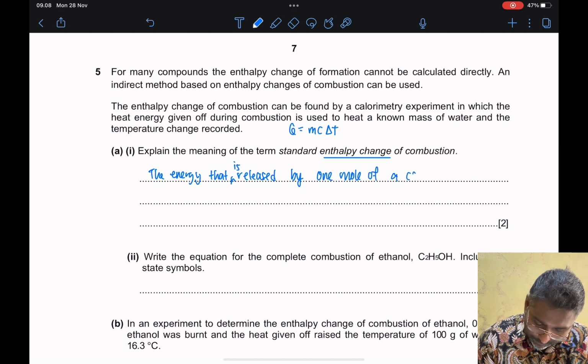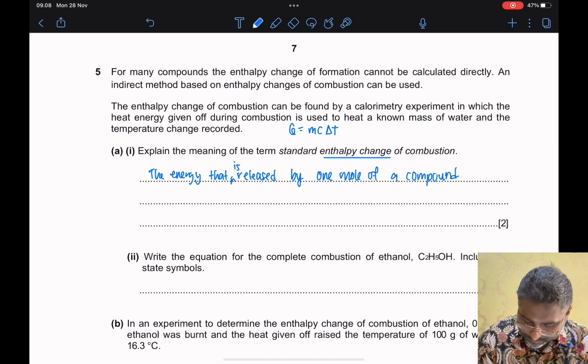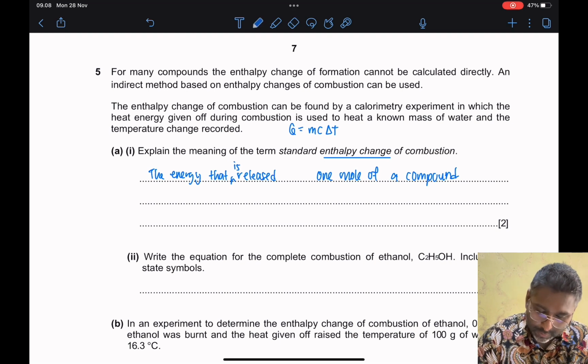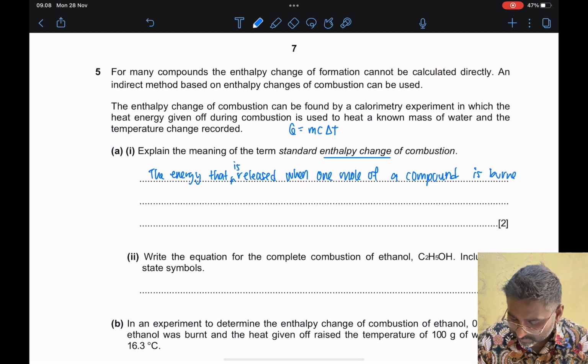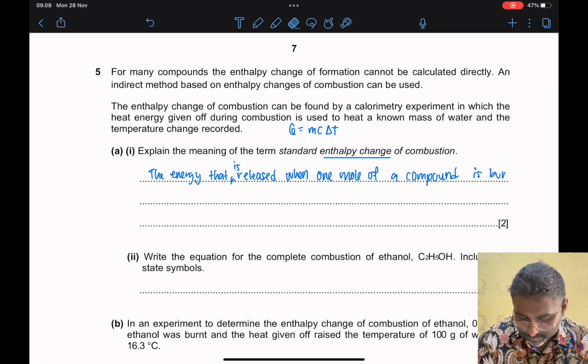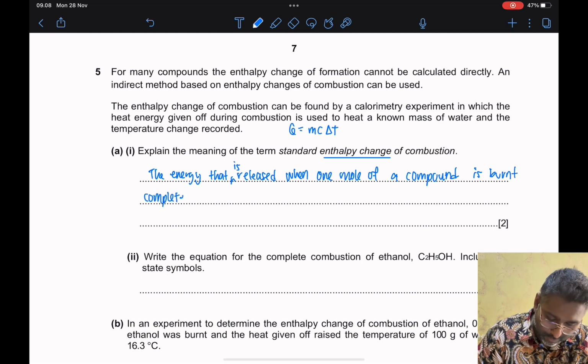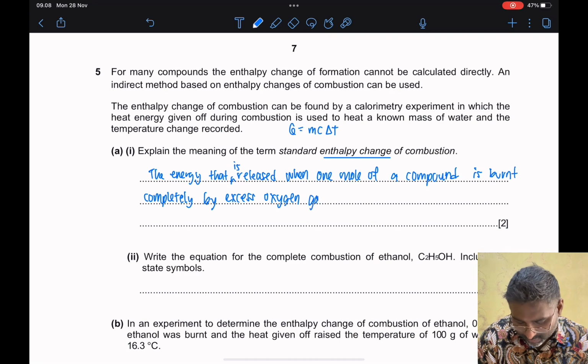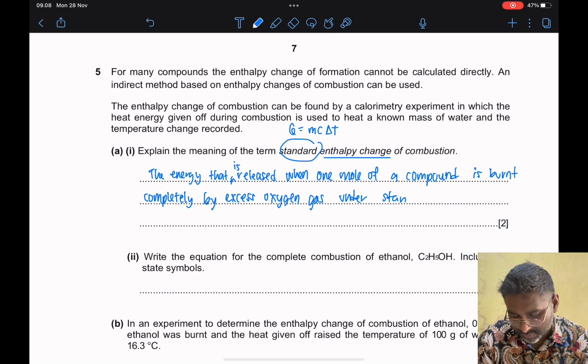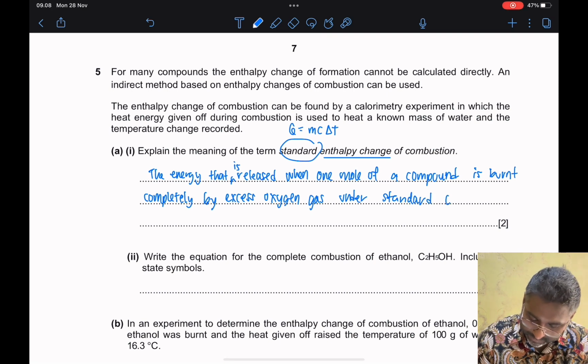1 mole of a compound, or you just say when 1 mole of a compound is burned completely by excess oxygen gas under standard conditions, because we still need to talk about standard conditions.